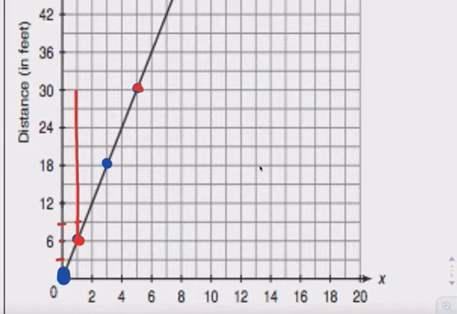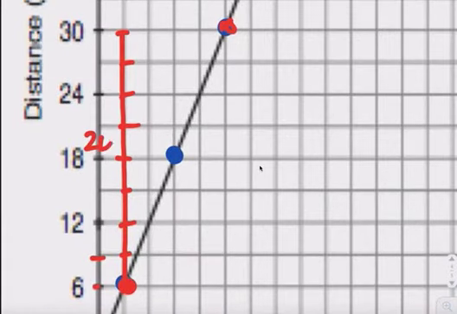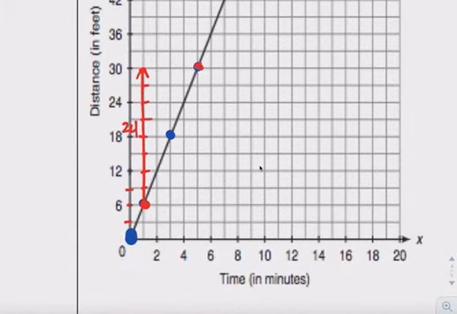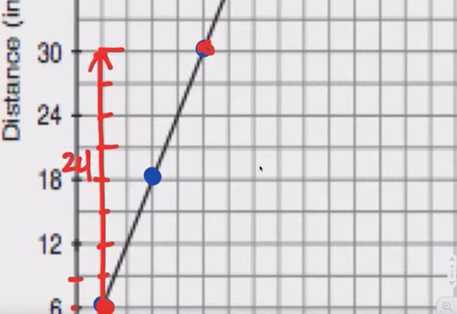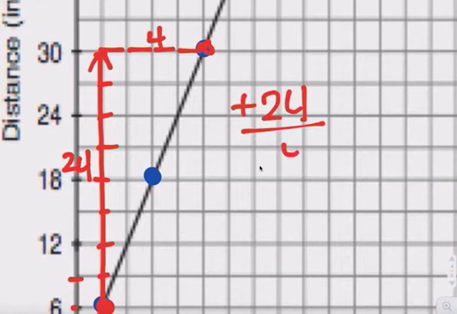So 1, 2, 3, 4, 5, 6, 7, 8. 8 times 3 is 24. Up 24 and over, let's see, they're counting by 1s. 1, 2, 3, 4. Up 24 over 4.